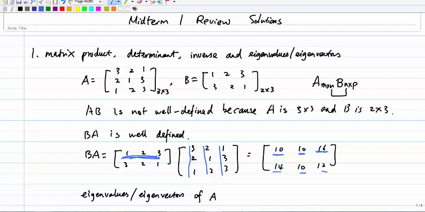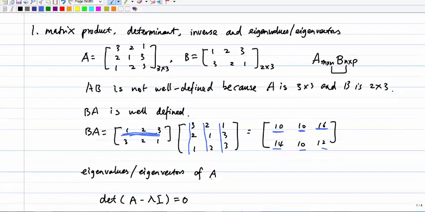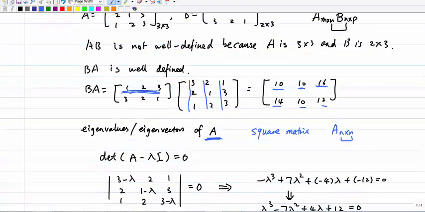Next is the eigenvalues and eigenvectors for matrix A only, because eigenvalues and eigenvectors only apply to square matrices, which means I must have A be n times n, otherwise I don't have eigenvalues and eigenvectors. How do I compute them?